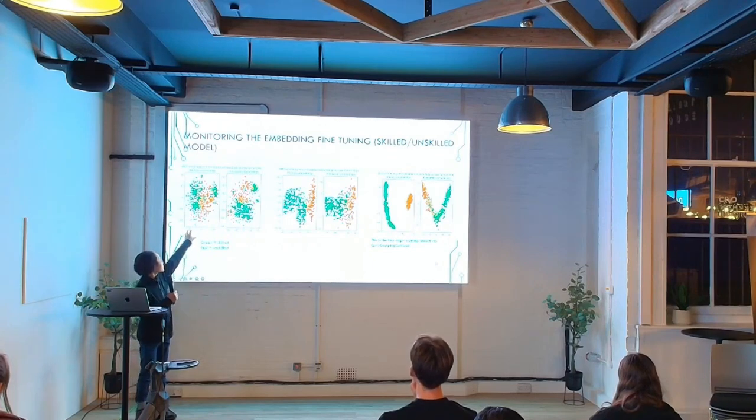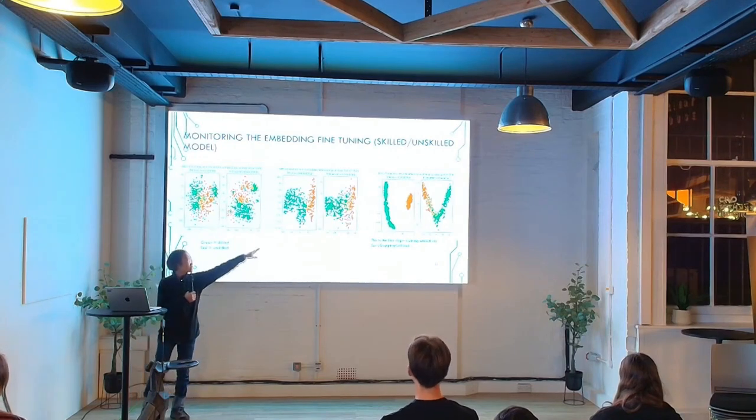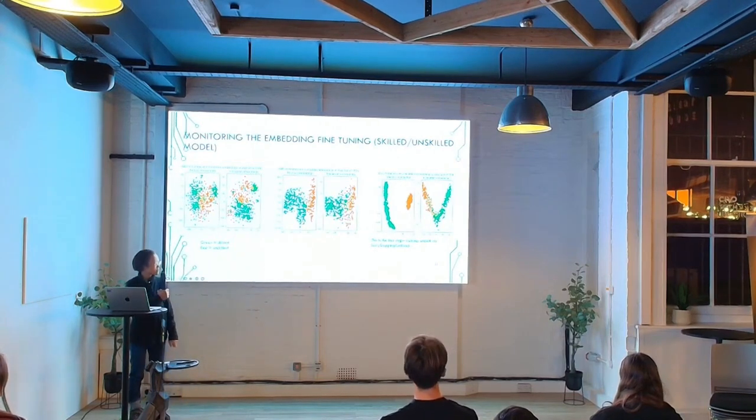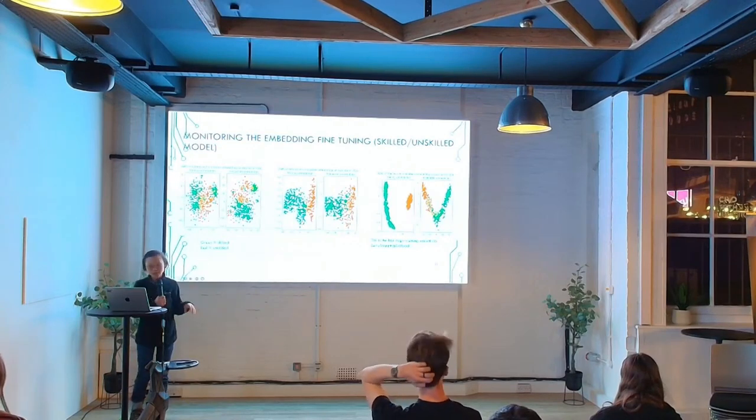In the beginning, the two classes are very mixed together, but by the end, you have this nice separation, which makes it easy for the logistic regression head, or whatever classification model you want to use, to distinguish the two classes.